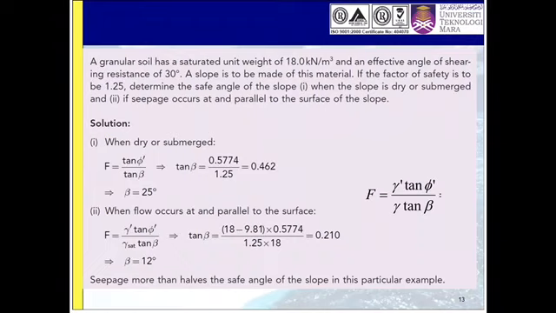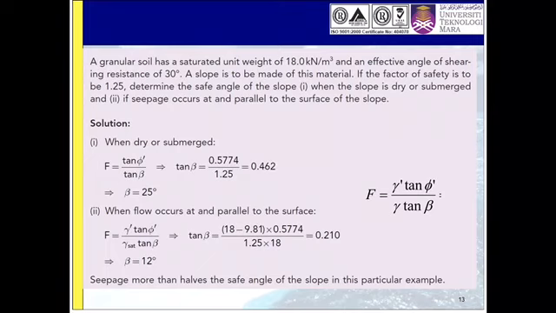And for the second one, because the seepage occurs parallel to the surface of the slope, gamma prime is, as usual, gamma saturated minus gamma water.